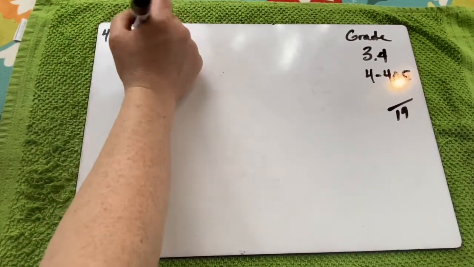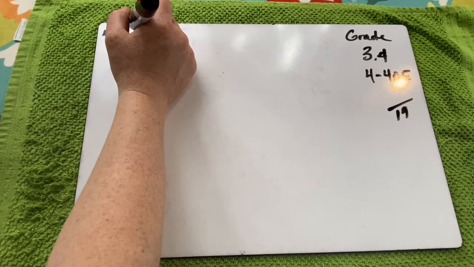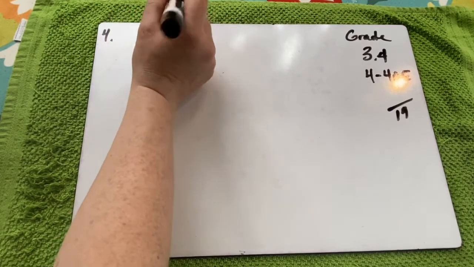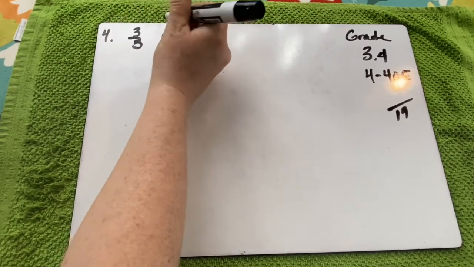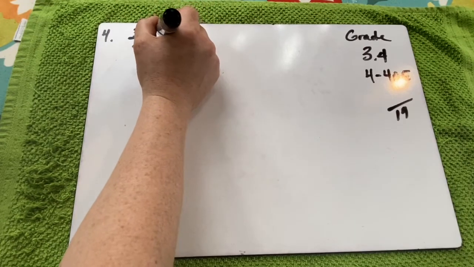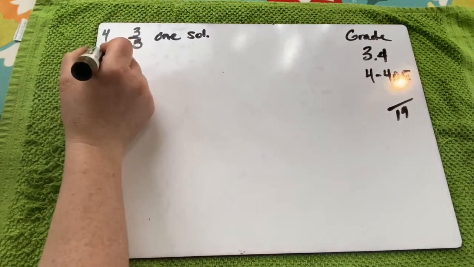Number 4 says, solve the equation, and does it have one solution, or is it an identity, or does it have no solution? So the answer is 3/5. And then this is one solution, right?